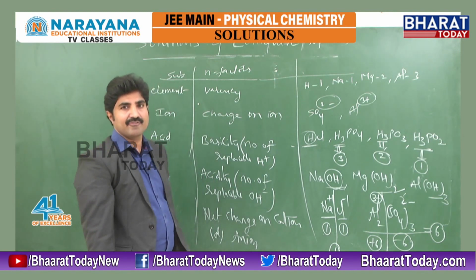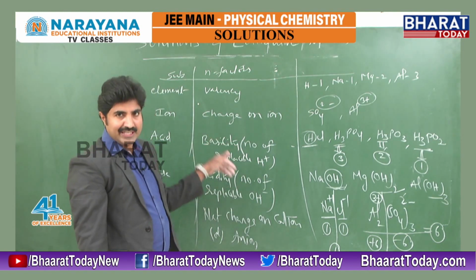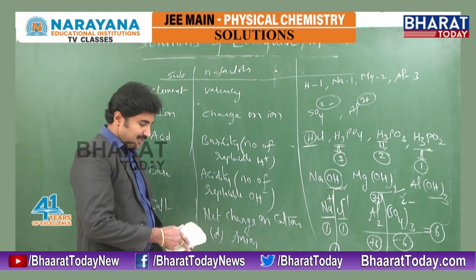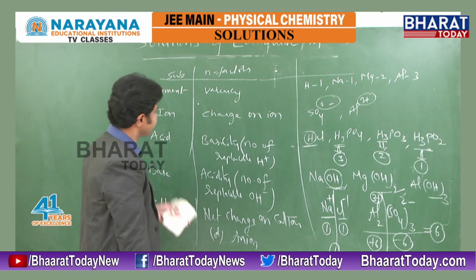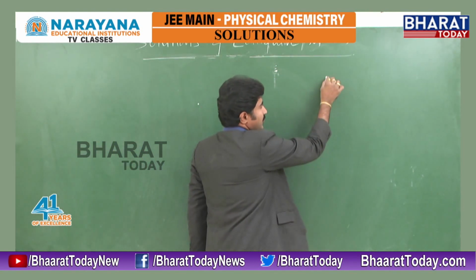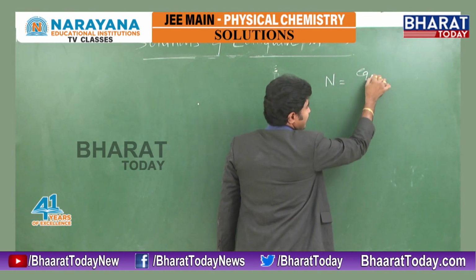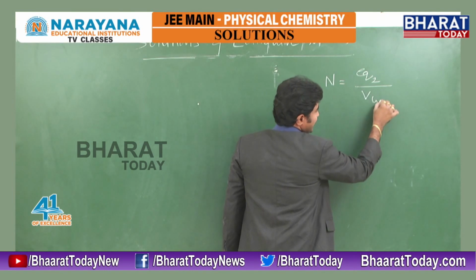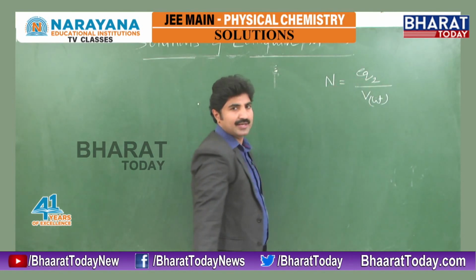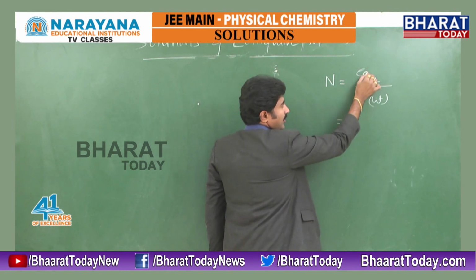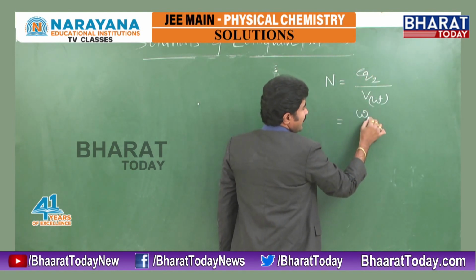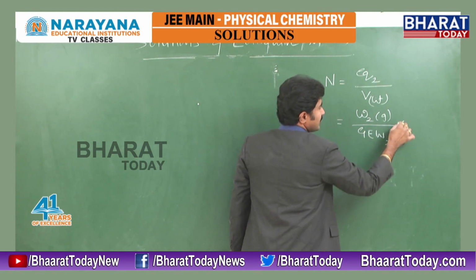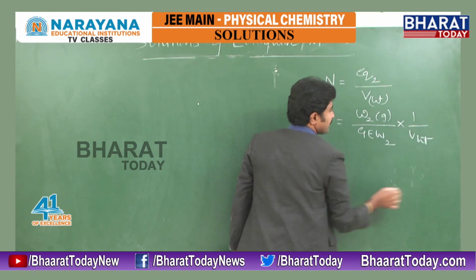After calculation of n factors and equivalents, now we can calculate normality of the given solution. Normality of the given solution, N, is equal to number of equivalents of the solute by volume of the solution in liters. But we know number of equivalents is equal to weight of the solute in grams by gram equivalent weight of the solute. Into 1 by V in liters.